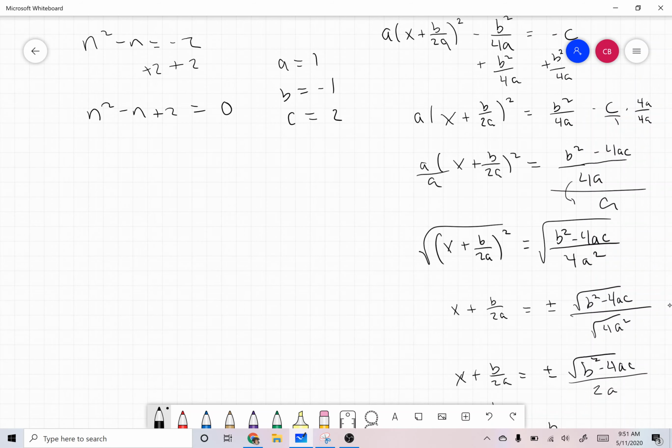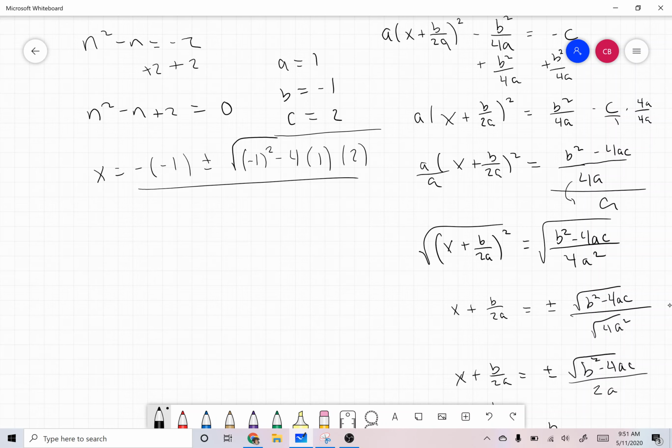That means we have x is equal to negative b, which is negative 1, plus or minus the square root of negative 1 squared minus 4 times 1 times 2, all over 2 times 1, which is x is equal to 1 plus or minus the square root of 1 minus 8 over 2.